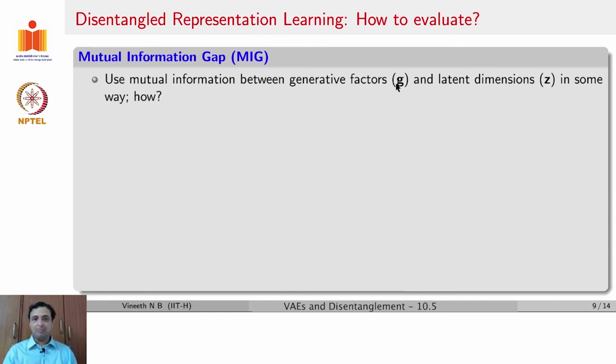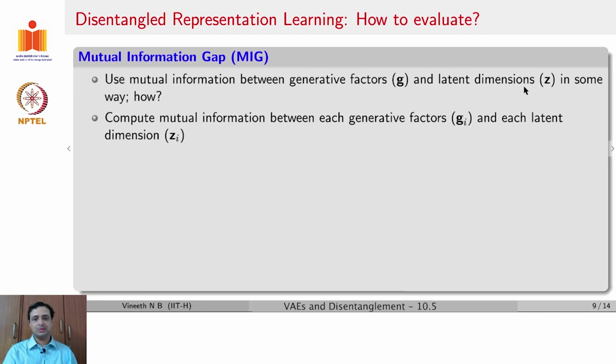If we say big red apple, size, color, and object represent the generative factors. The idea is to see if the latent dimensions z that are learned capture these generative factors in some way, and we'd like to use the mutual information between the random variables G and the latent dimensions z to capture this.